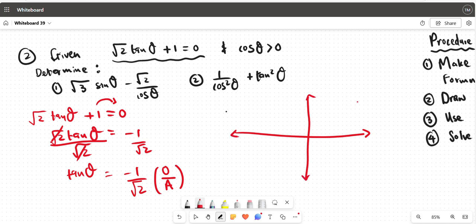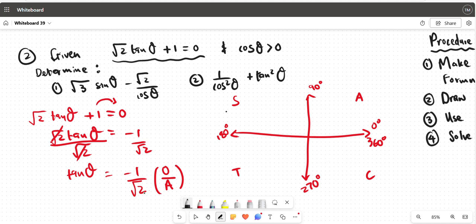So there's my triangle, there's my CAST diagram, A, S, T, and C. Another thing, we have our degrees there. Always going anti-clockwise, right? And so let's establish where our triangle needs to be.